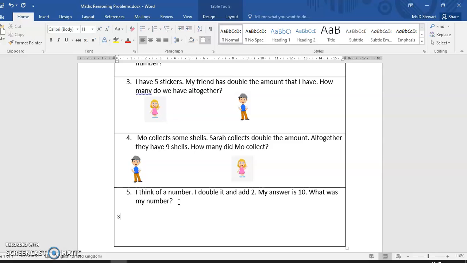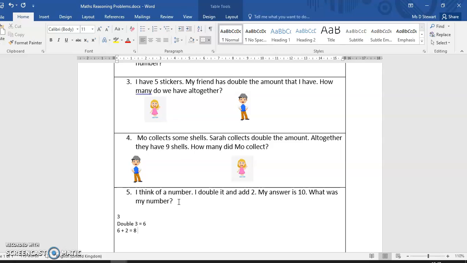I think of a number 3, I double it, so double 3 makes 6, and then it says I add 2. 6 add 2 makes 8. Now that doesn't get me 10, but it gets me pretty close.